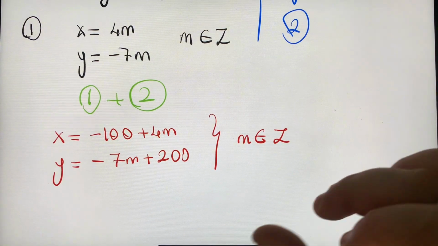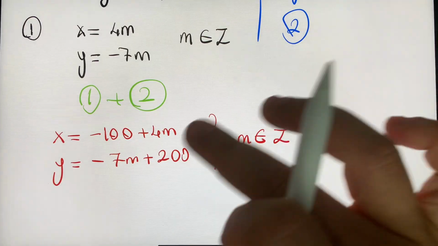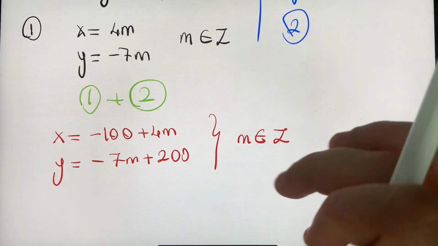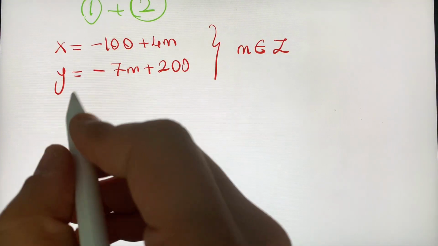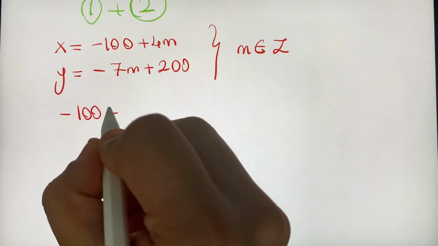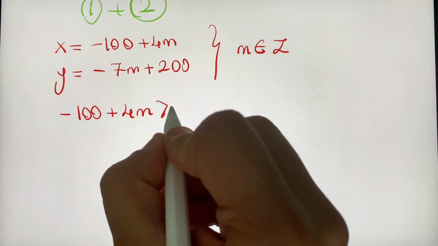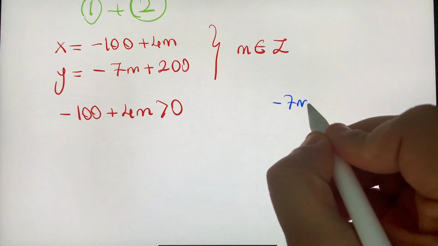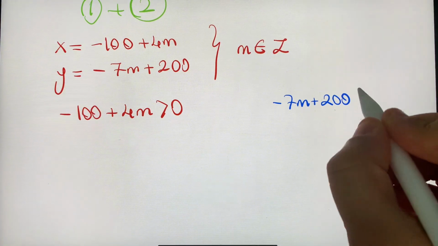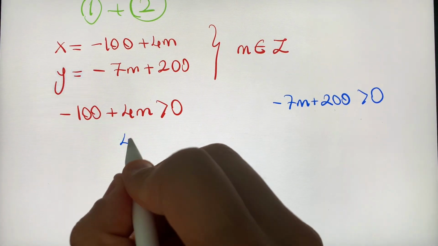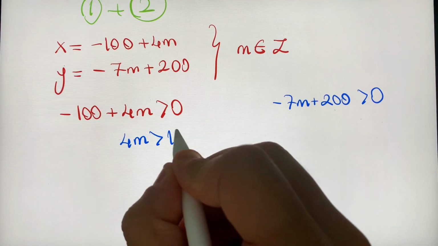Now what can we do next? Again, x and y are natural numbers, so these are definitely bigger than 0. So let's write like this. Minus 100 plus 4 times m is greater than 0. Also minus 7 times m plus 200 is bigger than 0 again. 4 times m is bigger than 100.